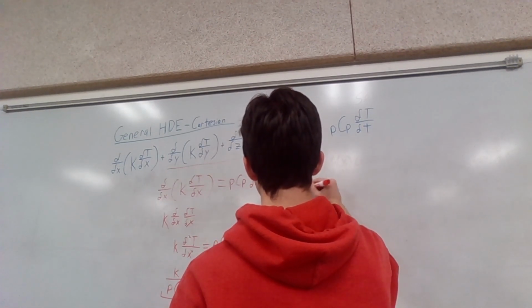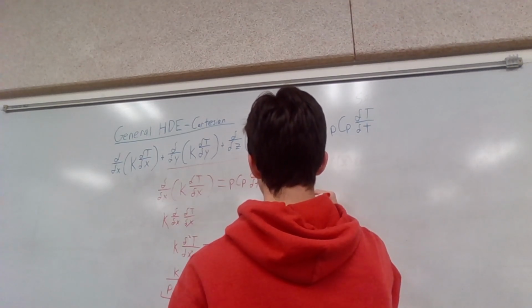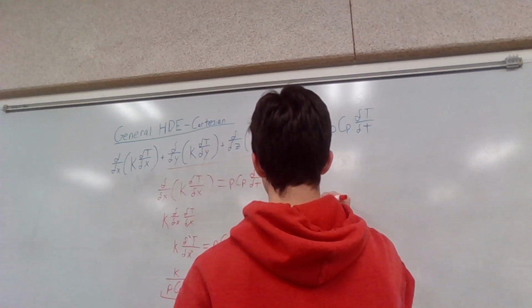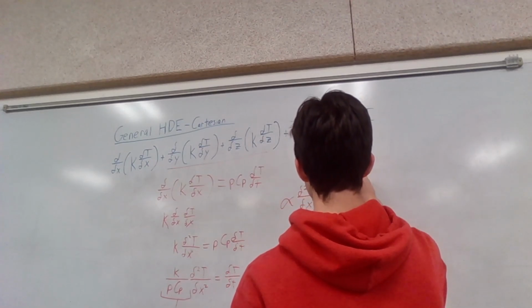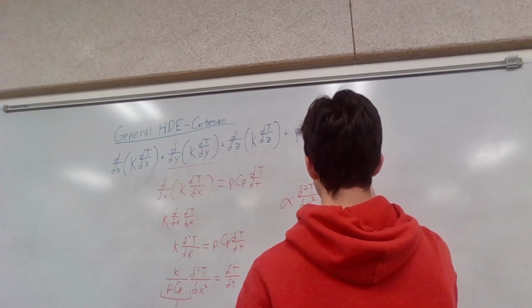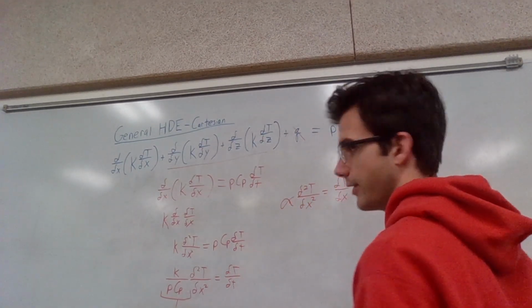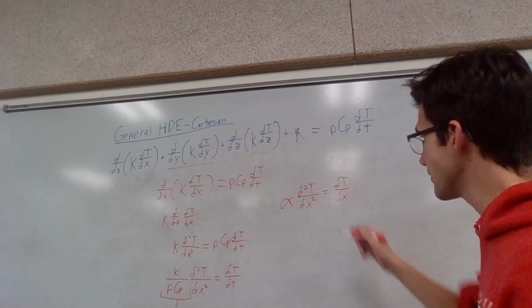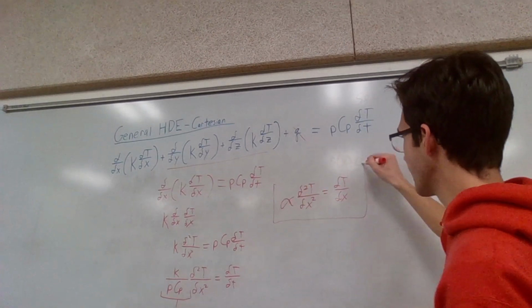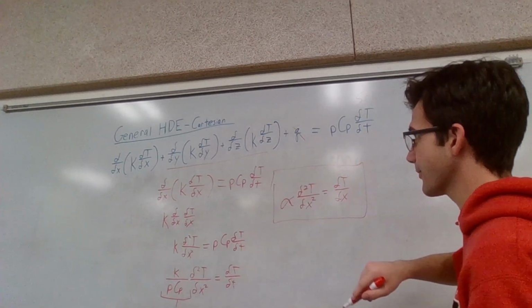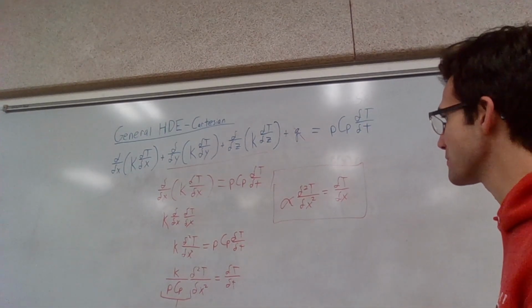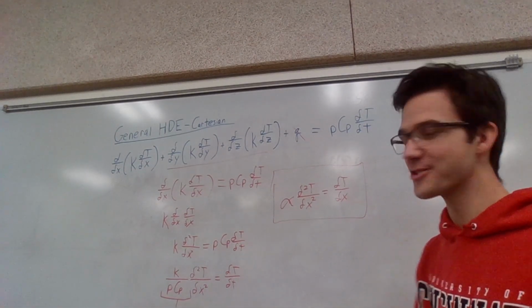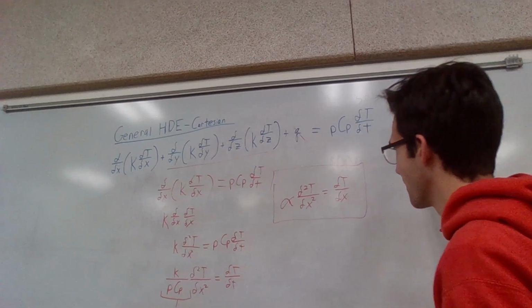Our alpha times the second order partial of temperature with respect to x equals our change in temperature with time. And so you see right here, this is our equation that we're going to be working with for this problem. And it's quite a bit simpler, given that we had a lot of nice assumptions. We can make this quite a lot shorter than this big general equation up here.